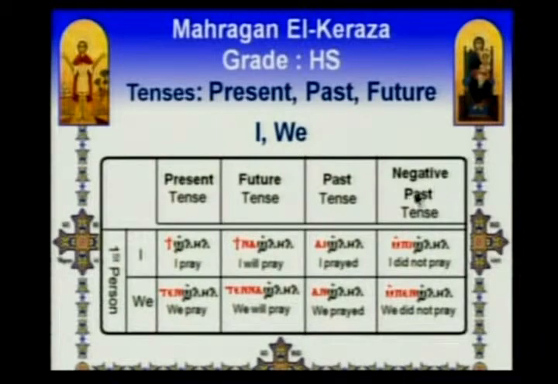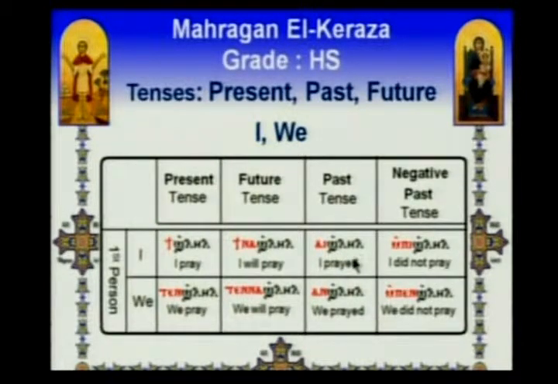And why do we have this column for negative past? Because there is no simple rule of saying the negative past, not like the present and future. Present and future, you keep it the way it is, and you just add the word on at the end of it. Like ti eshlil, I pray. Ti eshlil on, I don't pray. And the same thing with the future. But with the past, you'll find that it is different.